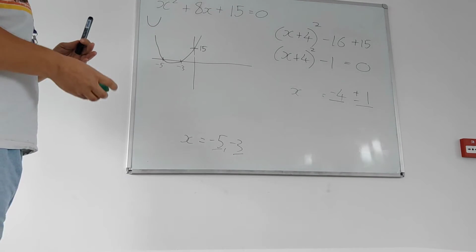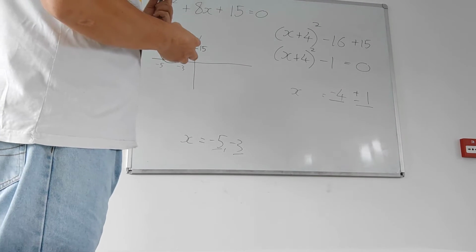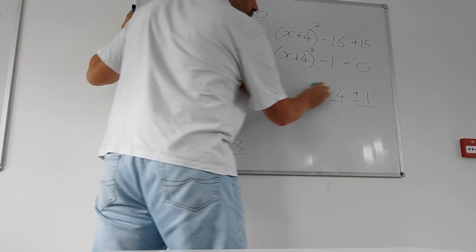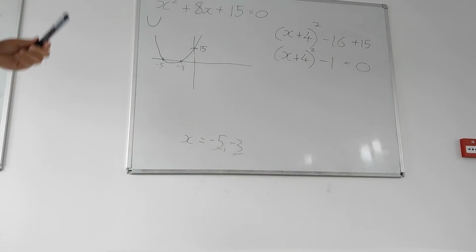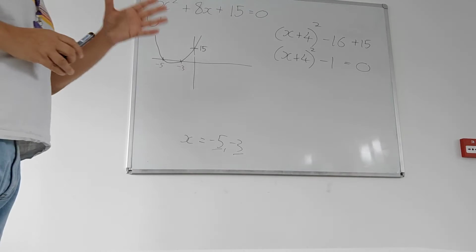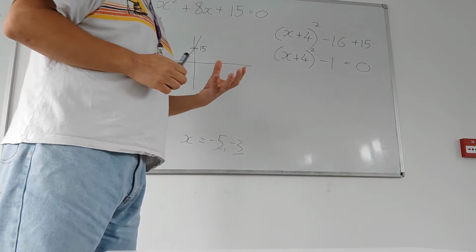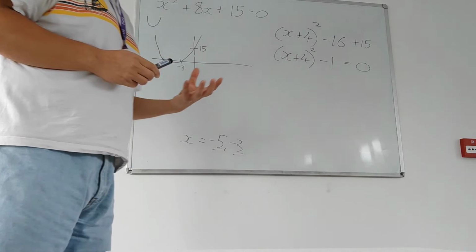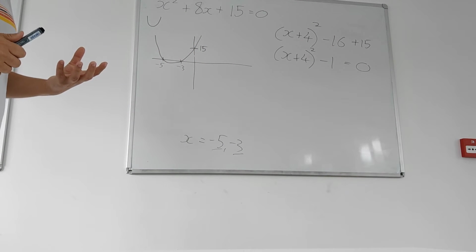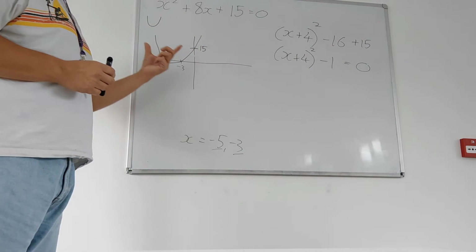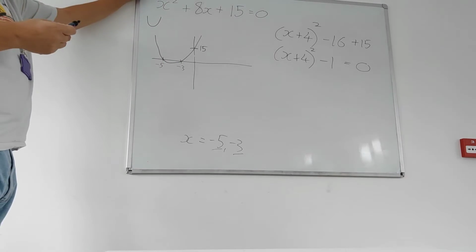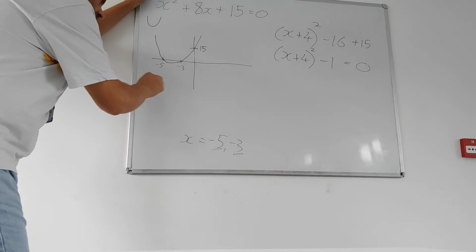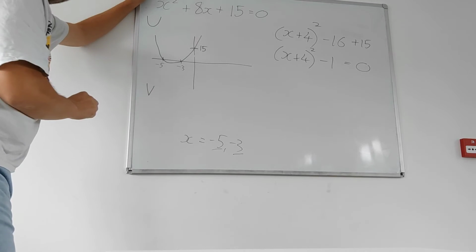But as I've mentioned before, solving using completing the square is the least efficient way. When you start getting into the higher grades, talking grade 7-ish, the A grade stuff now, they will start asking you questions along the lines of state the coordinates of the vertex.